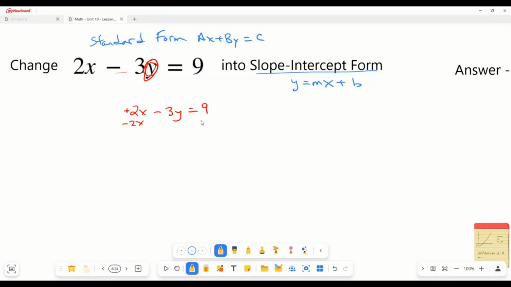If I do that on the left, I have to do that on the right. These add out. I'm left with negative 3y. And on this side, those don't combine. So we have negative 2x plus 9. Understood positive in front of the 9. We want to put the x term first.